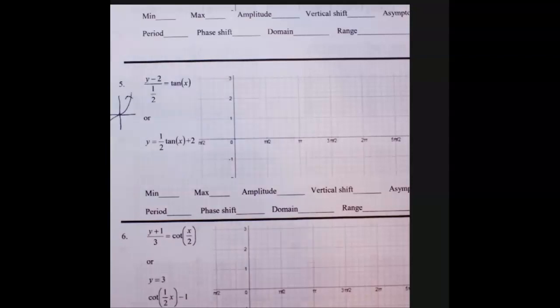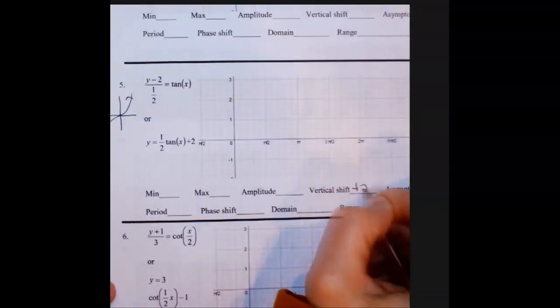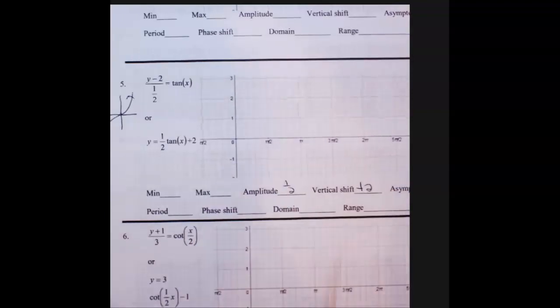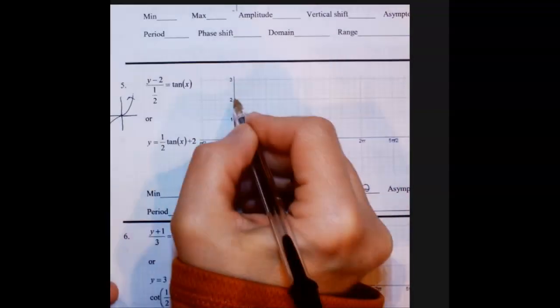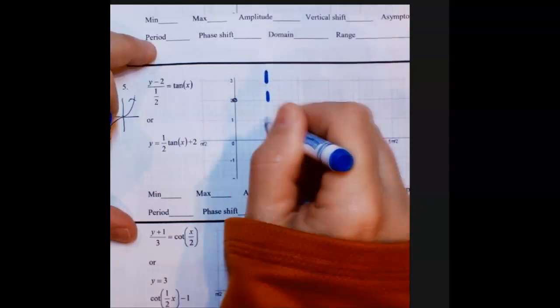Well, the first thing I'm noticing is I'm actually going to be going up 2, and I do have an amplitude of 1/2. So instead of being here, I'm here. There is no change in period, so that means my asymptotes are where they normally are, which is at pi over 2 and negative pi over 2. So let's go ahead and sketch those in.